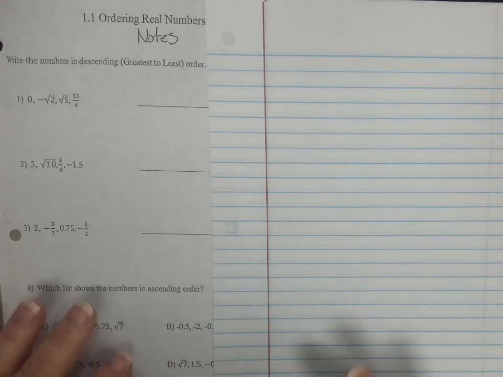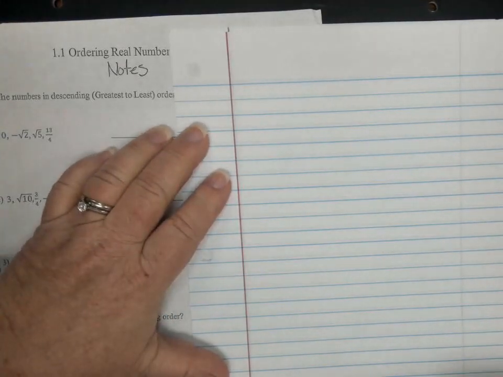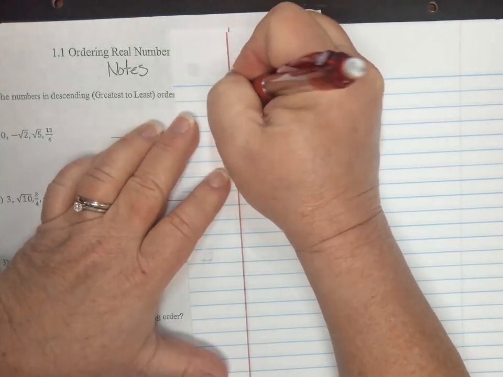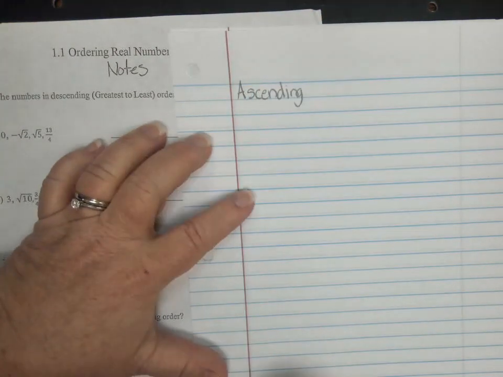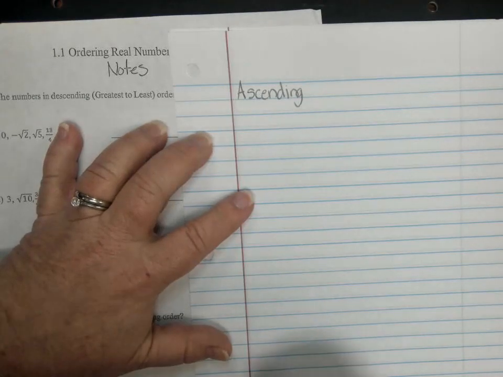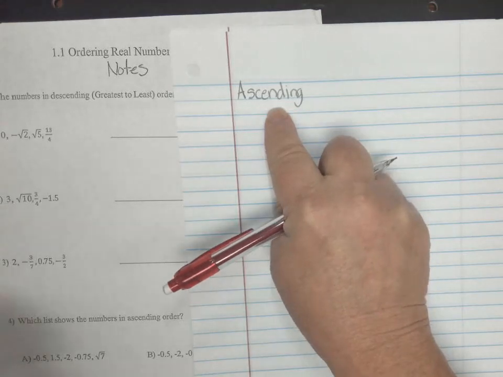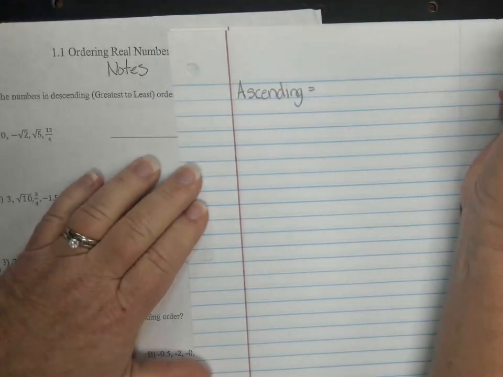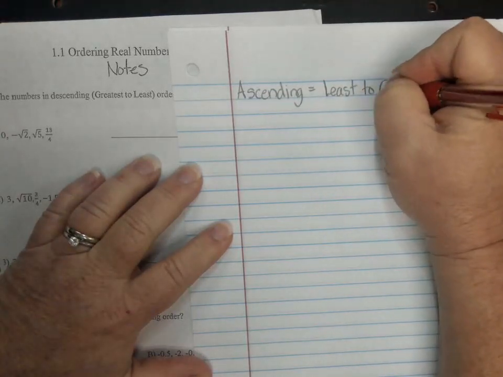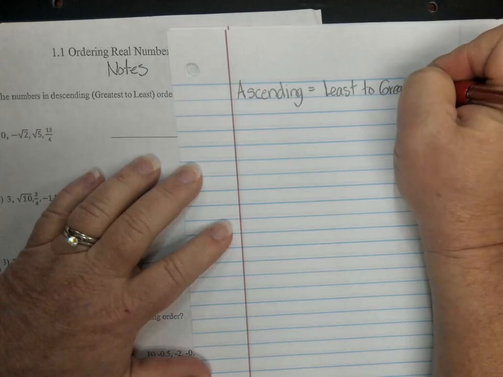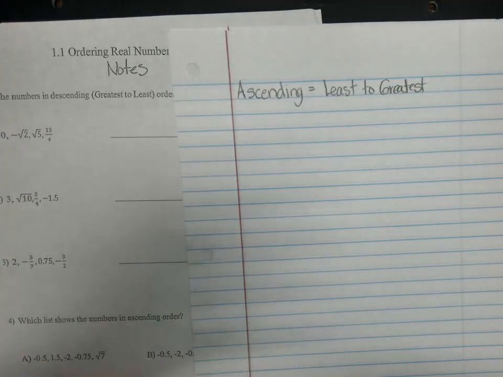First, we're going to define a couple of terms. The first term I want to define is ascending. Ascending order is an order that we need to understand what it means. Ascending order means least to greatest. The opposite of ascending, say this, when you're going to heaven, you ascend to heaven.